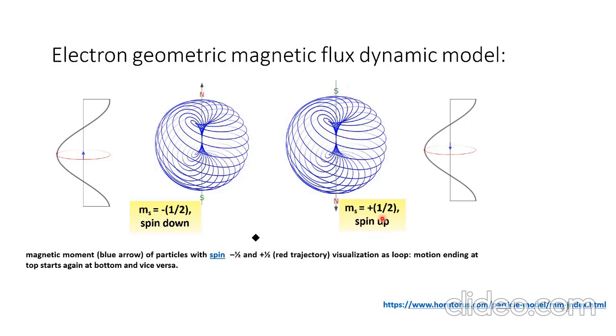So the magnetic moment, the blue arrow, of a particle with spin minus half or plus half is shown here. It is not playing here, but it is an animation, and you can see it in the actual slides of the lecture. The motion ending from the top starts at the bottom and vice versa.